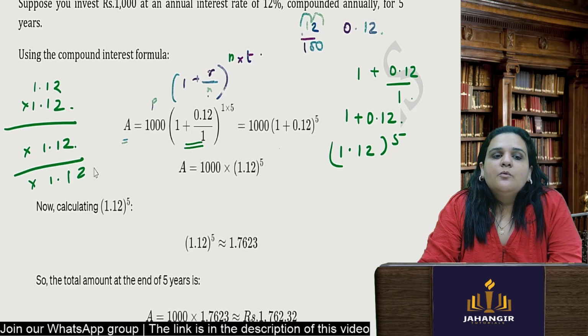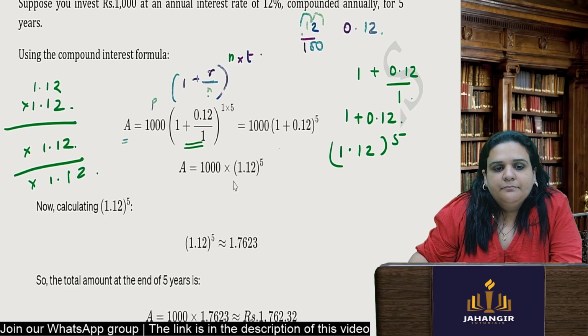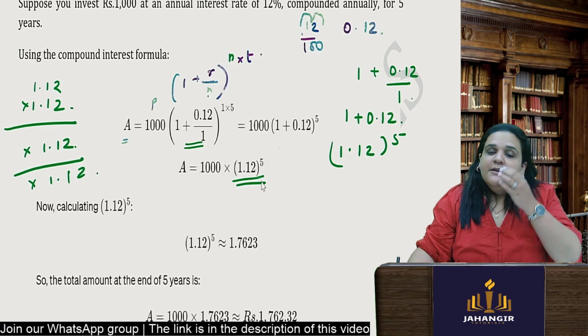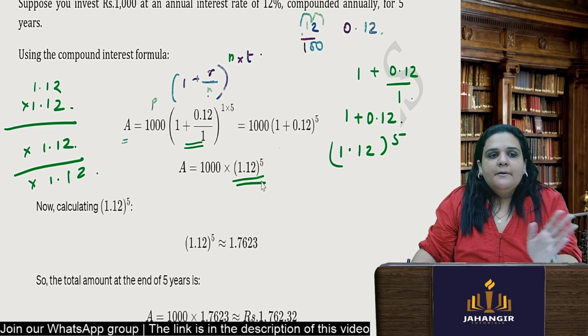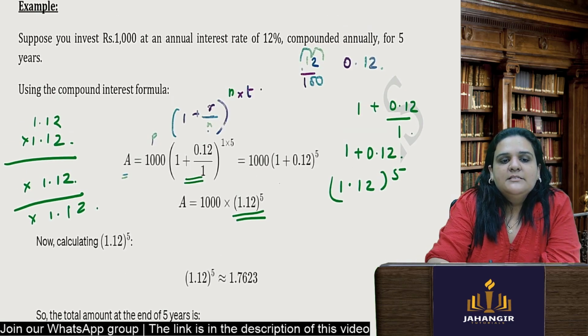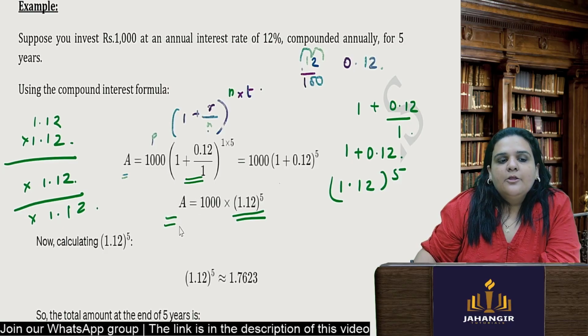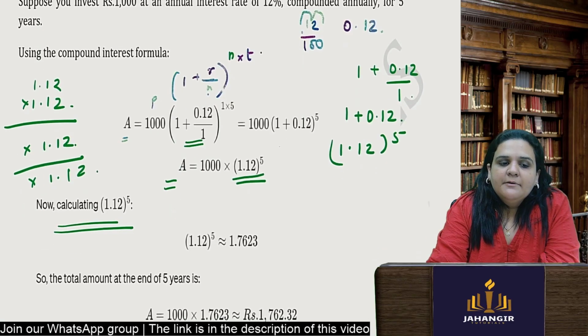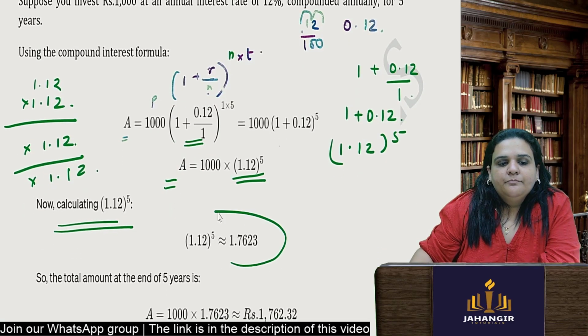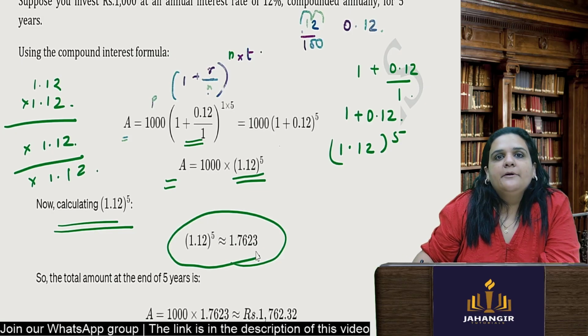They might give you the value of this also. Okay, if this value is given, simply multiply by the amount, principal. You will get the accumulated amount. See, sometimes they give you the value. So the value of 1.12 raised to 5 is 1.7623.